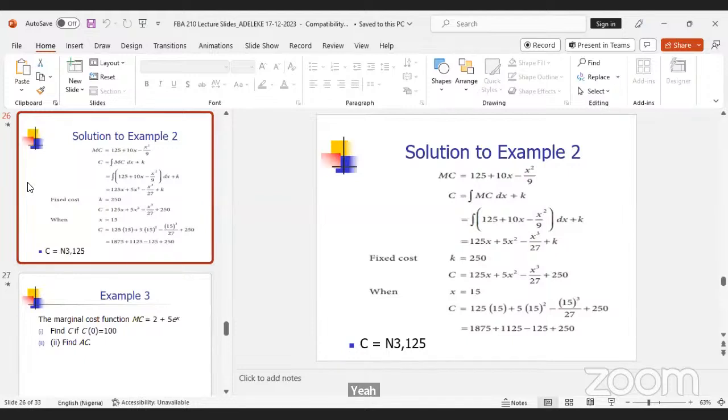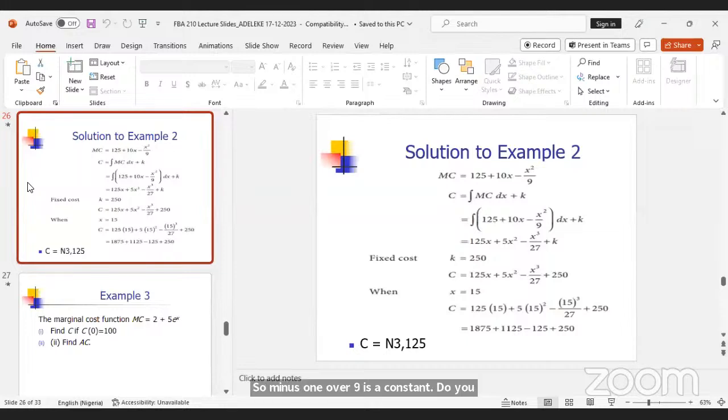Sir, please, how did you get the x raised to power 3 and the 27? Okay, the last term there is minus x squared all over 9. So minus 1 over 9 is a constant. Do you agree?